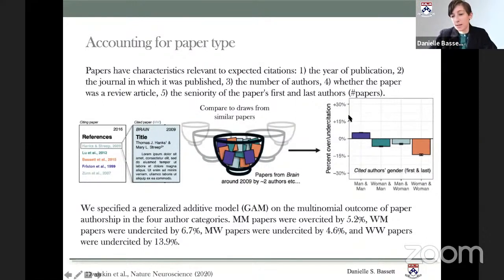What we find is that the same trends hold, although the magnitude is decremented from the previous slide. So the man-man papers remain oversighted, now by 5.2%, and the women-women papers are undercited, now by 13.9%, with a total average difference of 20% between those 2 categories.